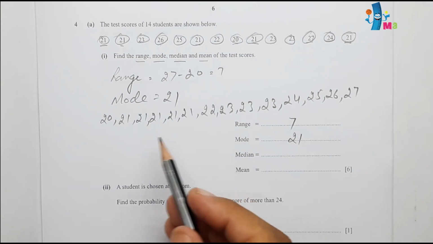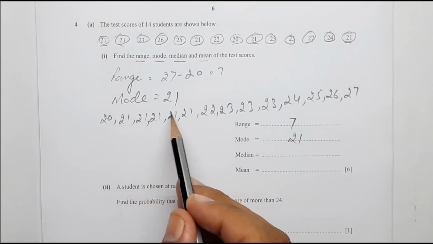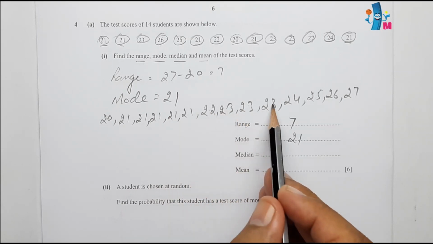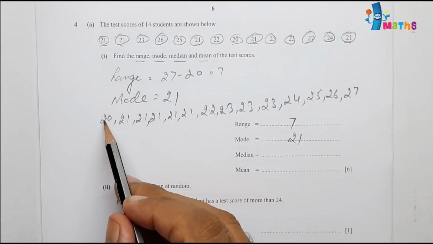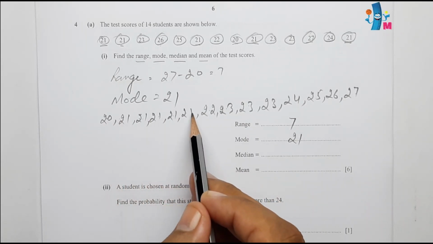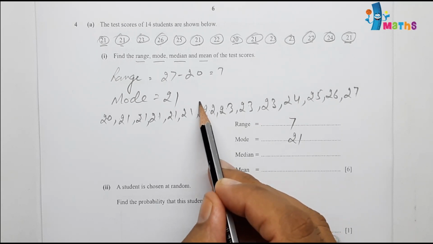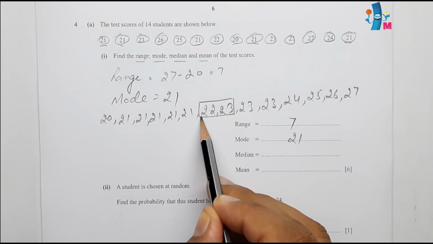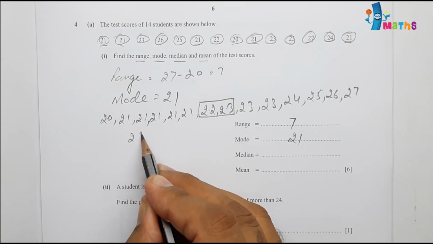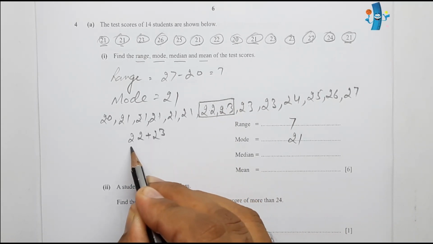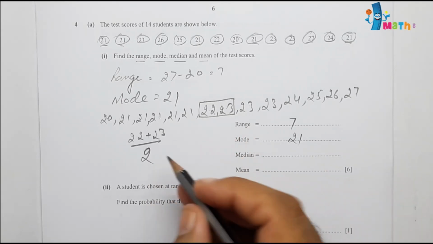Now we need the middle values: out of 14 values, the middle two are the seventh and eighth values. We take these two values, add them and divide by 2. So 22 plus 23 divided by 2 will be 22.5.